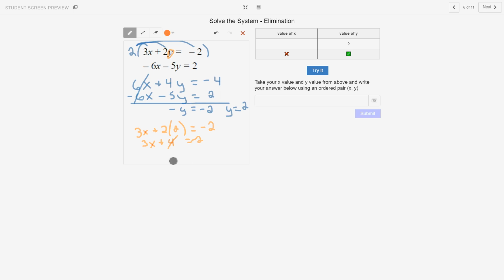Negative 2 minus 4 is going to give me negative 6. So I subtracted 4 from both sides. X is going to be negative 2. Yay, we got it. So write that as an ordered pair. Negative 2, comma 2.